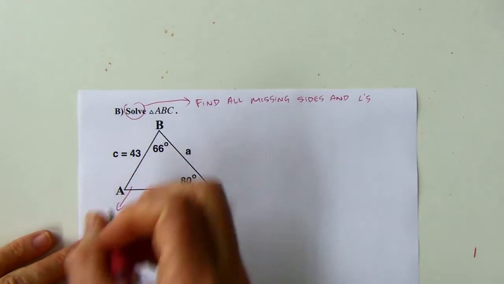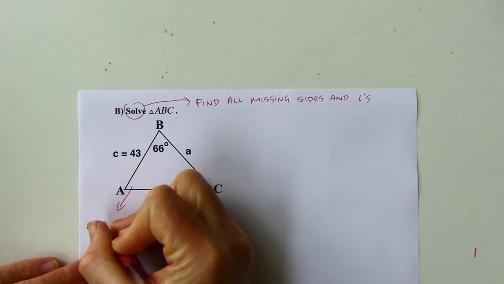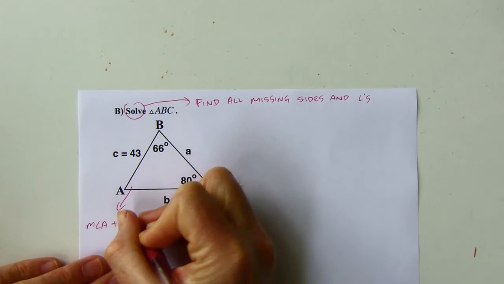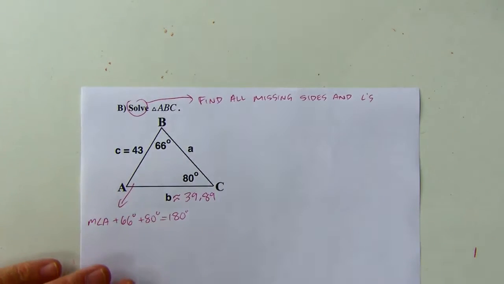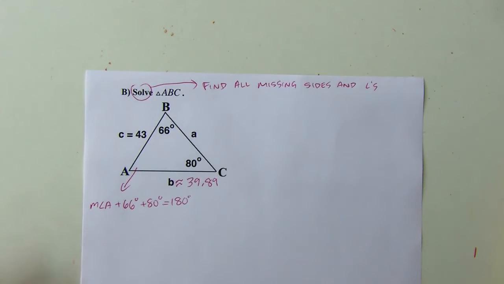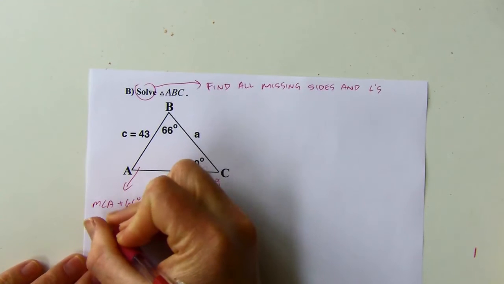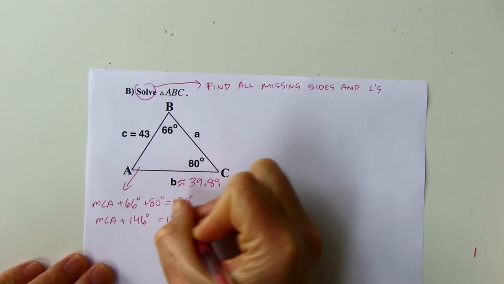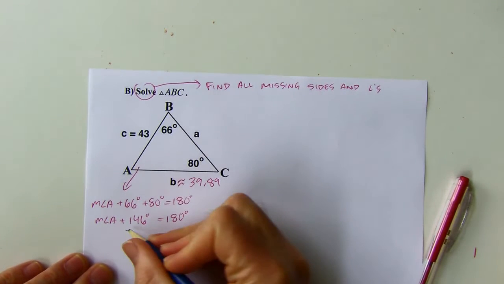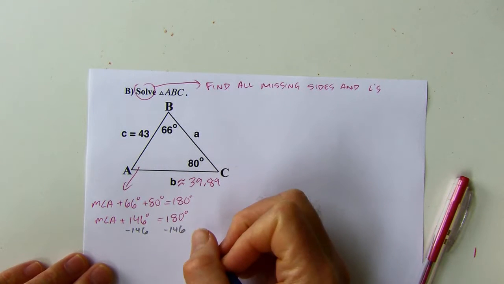Okay, so that means I can say, all 3 add up to 180 degrees. So don't forget about the triangle angle sum theorem. So let's see, I've got 146, measure of angle A plus 146 equal 180, and then I'll subtract 146, and that's going to come out to 34 degrees, right?